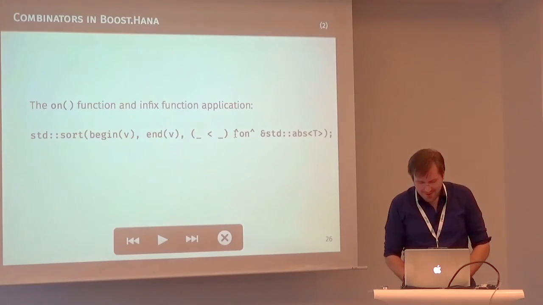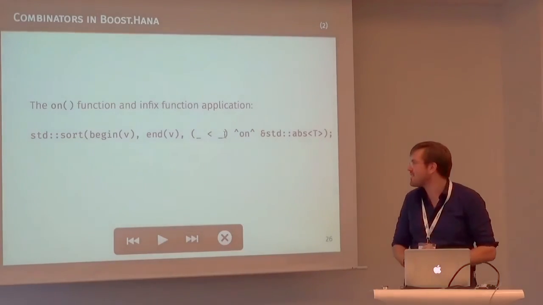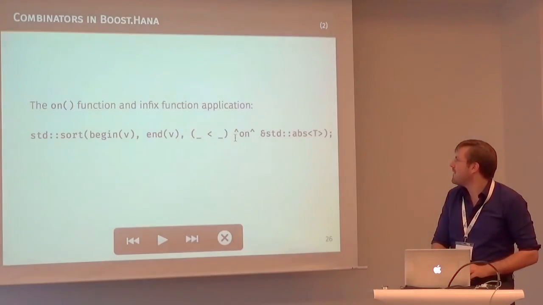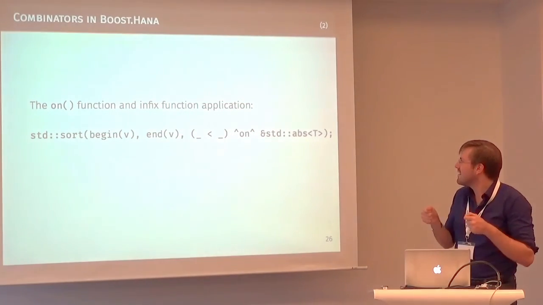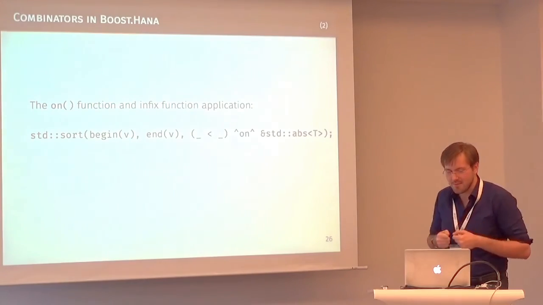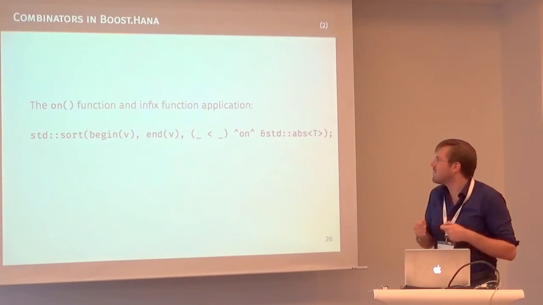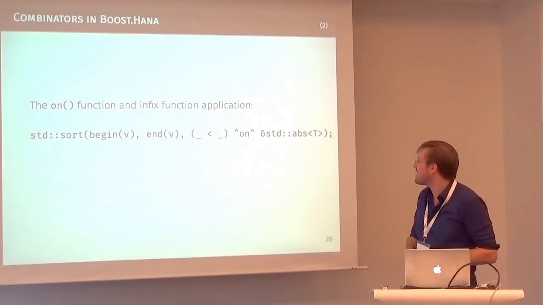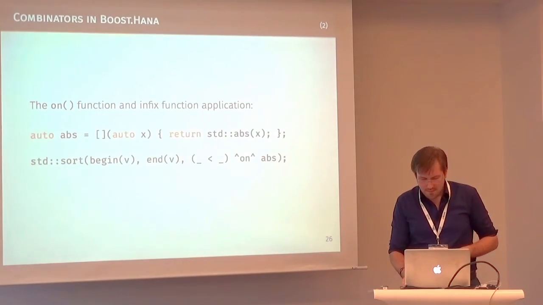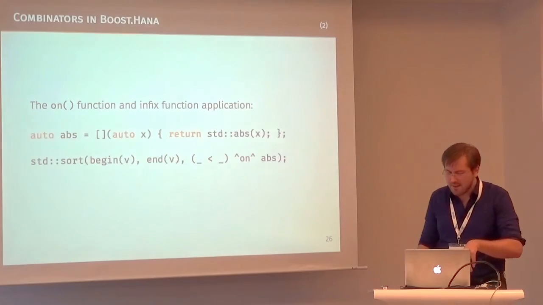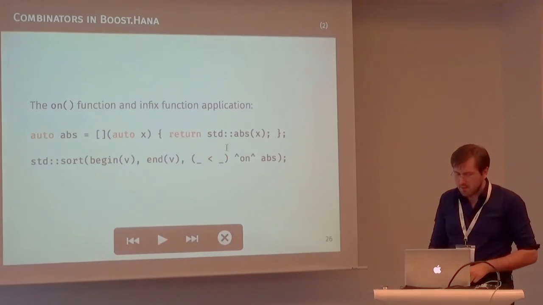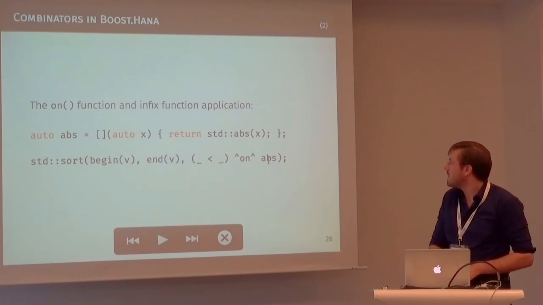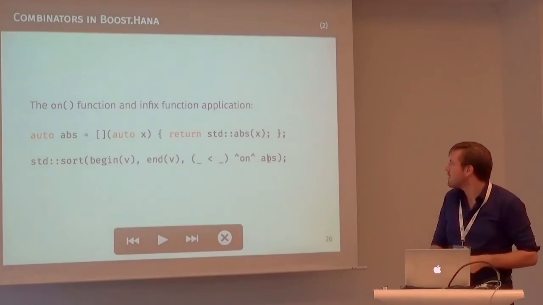This is the syntax that you achieve with Boost.Hana for using a function as an infix operator. The Fit library implements something similar, but they use the angular parentheses, which look better to me, but it's the same at the end. And this is just the same thing, but I'm passing a function object called abs instead of std::abs.